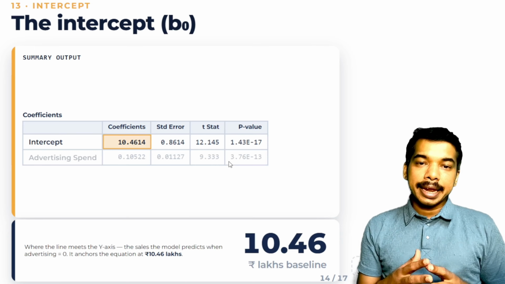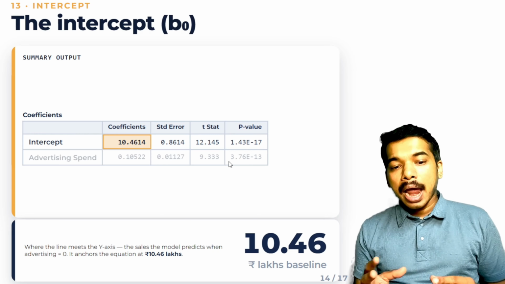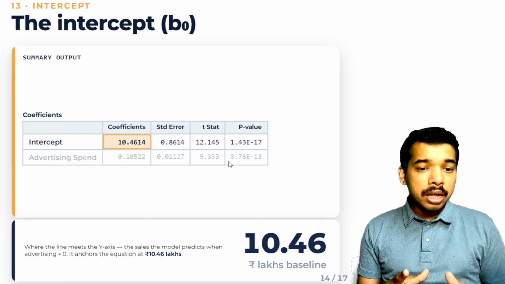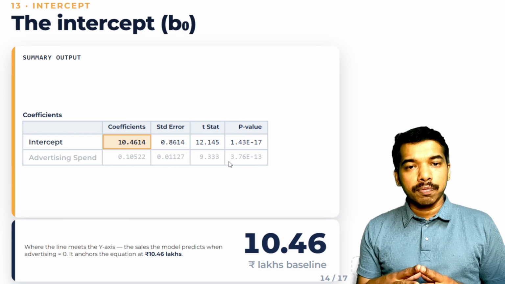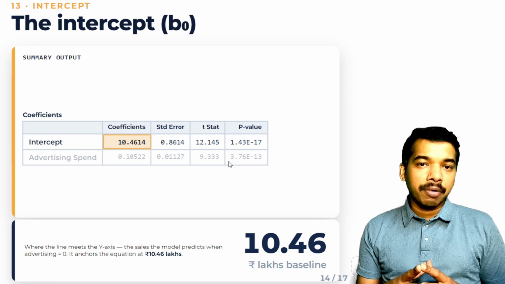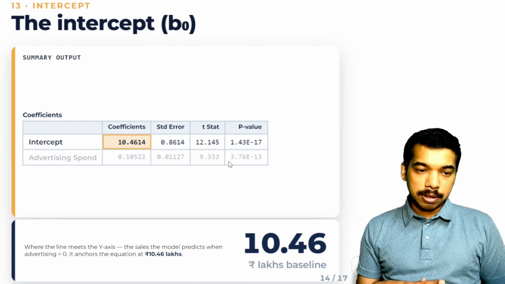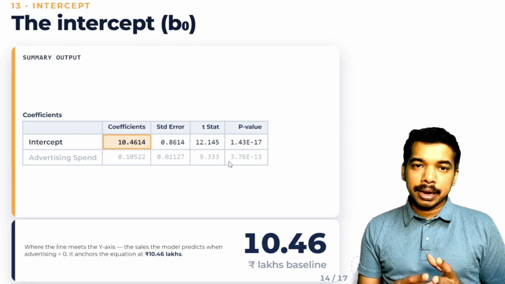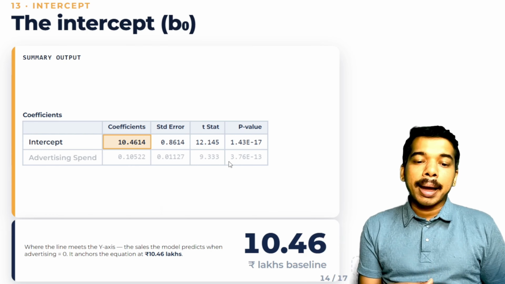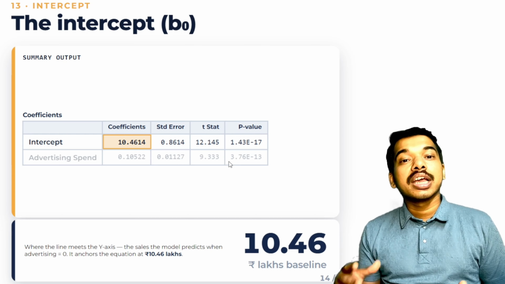Let's move on to the intercept. The intercept is 10.46 and its p-value is 1.43E, which is almost equal to 0. The coefficient 10.4614, the intercept, indicates the sales when ad spend is 0. When you don't spend anything on advertisement, because of other influences, the sales will be 10.46, and since it was in lakhs, 10.46 lakhs.